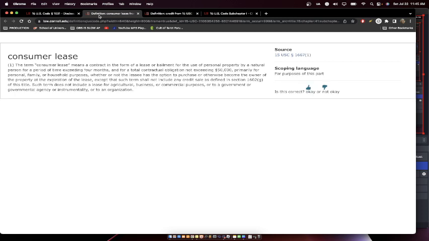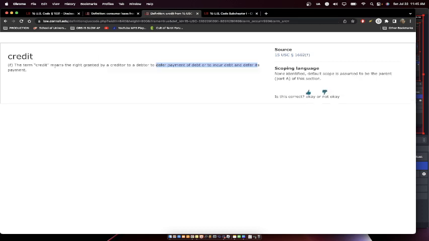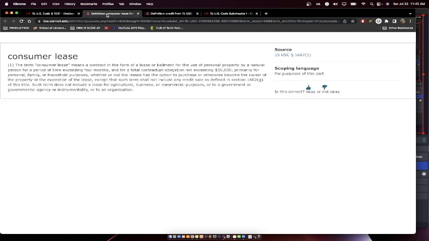Ooh, they are so slick with these words. Credit means the right granted by a creditor to a debtor to defer payment or to incur debt and defer payment. That is the definition of credit.